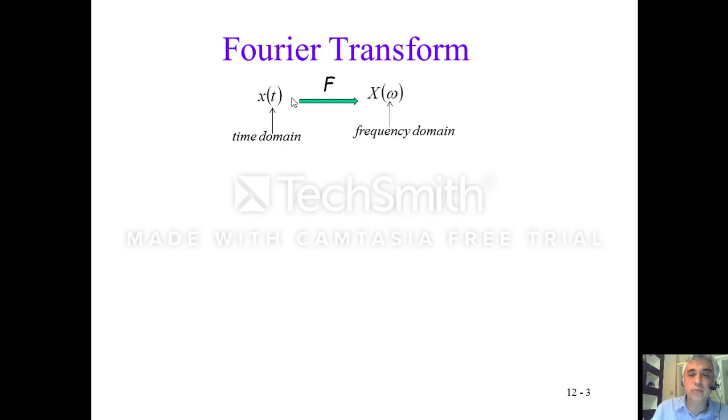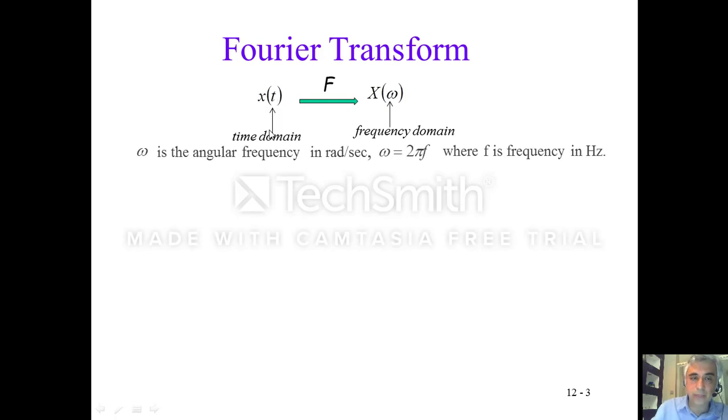The transform is capital X of omega, and of course that is in the frequency domain, and lowercase x of t is in the time domain. Omega is the angular frequency in radians per second, which is also 2 pi times f, where f is the frequency in hertz.